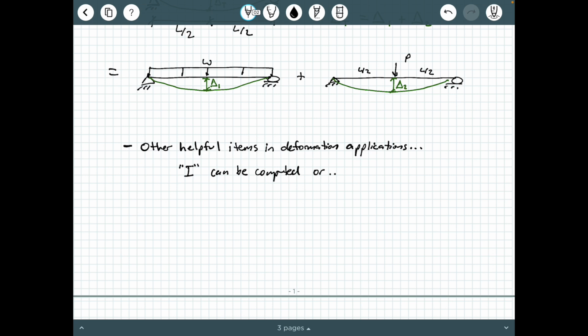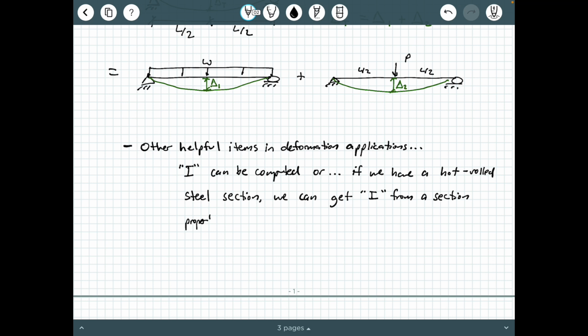Or, if we have a hot rolled steel section, we can get I from a section property table.